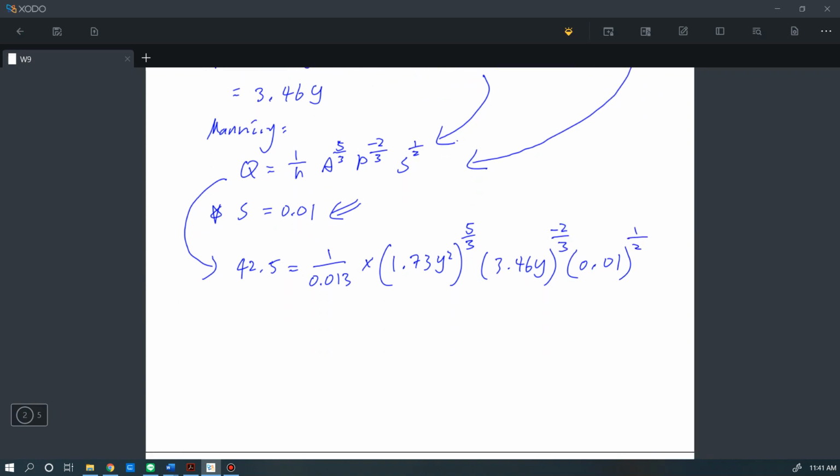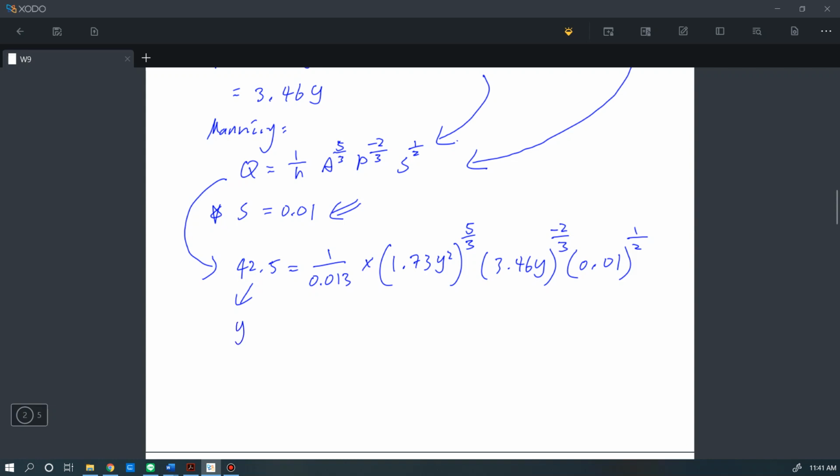Then we can solve for y, the normal depth in this channel, by using this equation. And here I just provide you the number for y. Let me write down one more step for you.